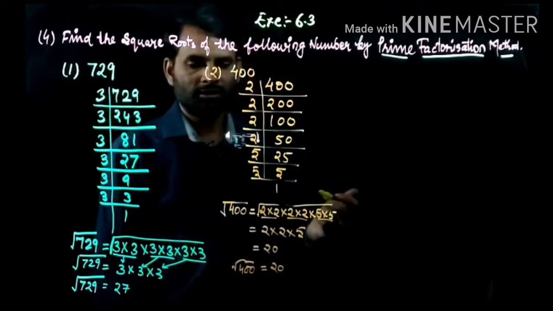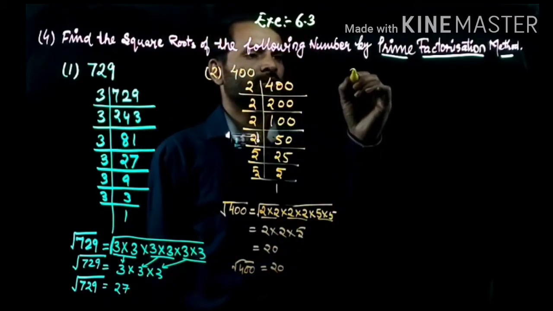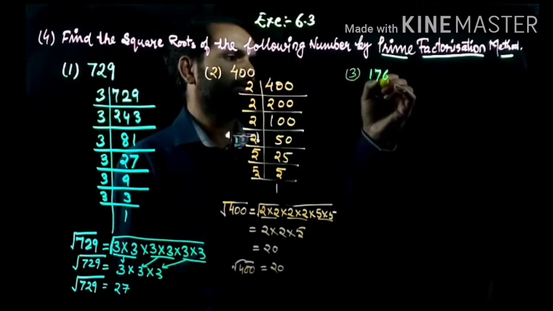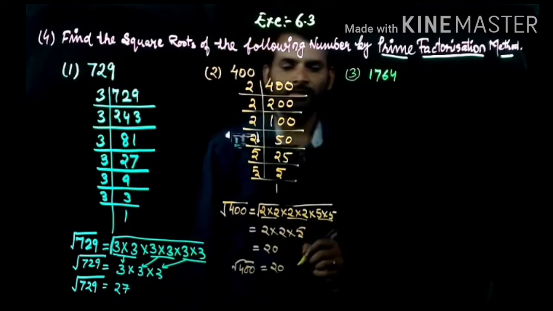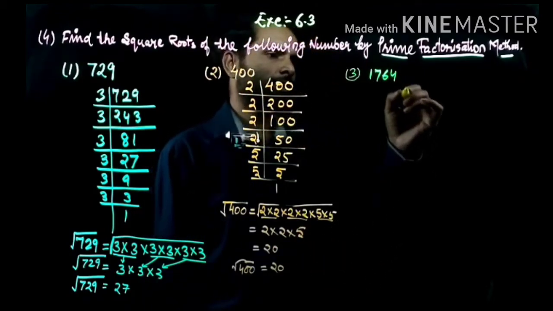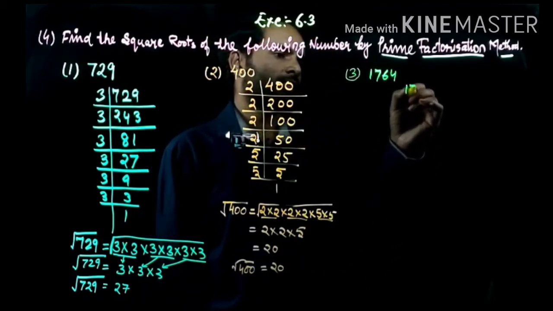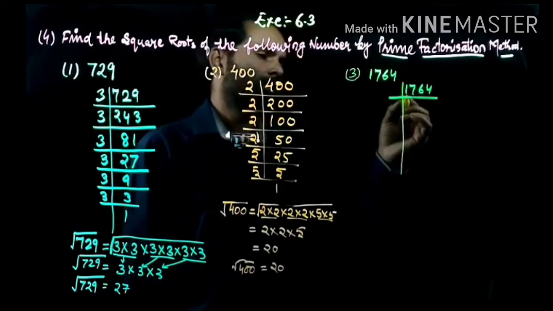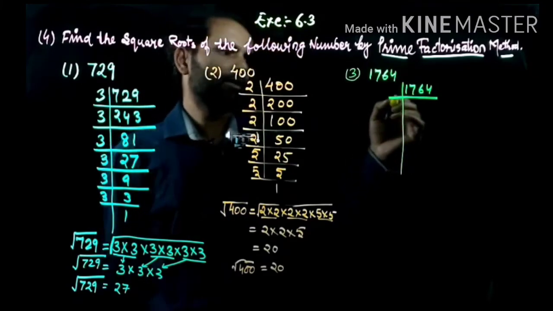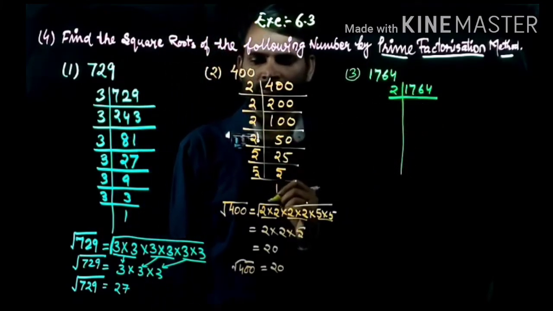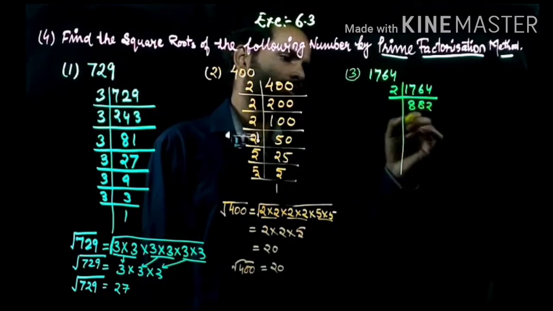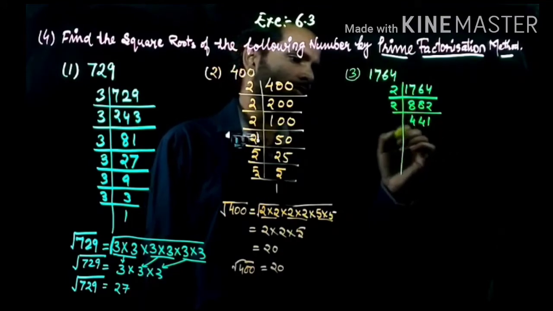clear? Now the third number given is 1764. Find it by the prime factor method. First it will be divided by 2. Okay, 2 4s are 8, 2 8s are 16, 2 1s are 2.